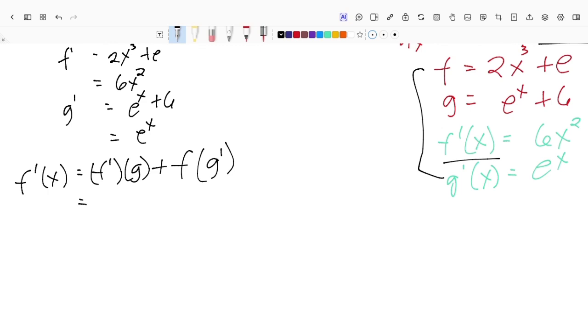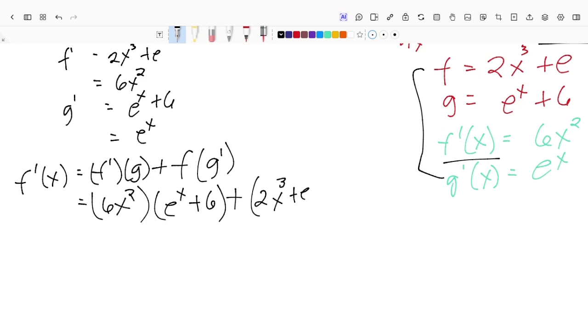The derivative of f is 6x squared, and our g is e raised to x plus 6, plus, let's just copy the sign, our f is 2x cubed plus e multiplied by the derivative of our g, which is e raised to x itself.